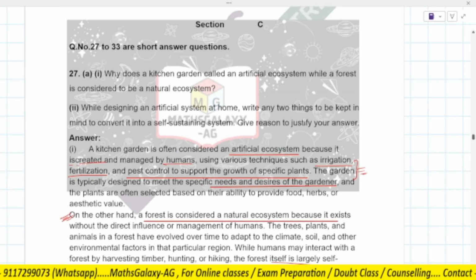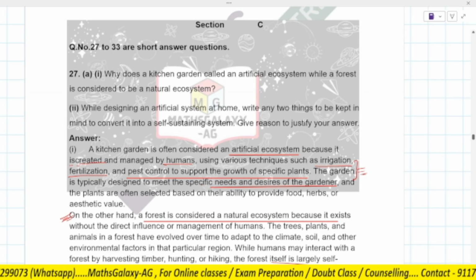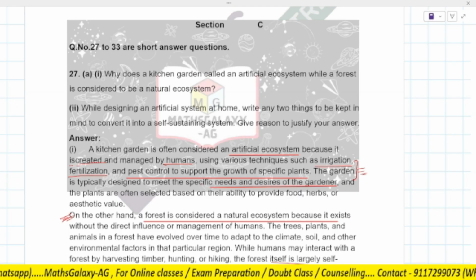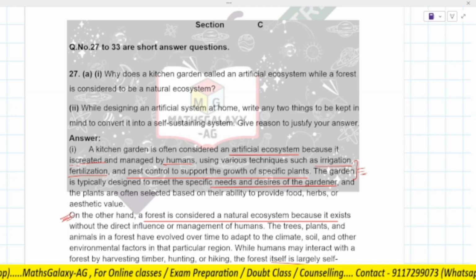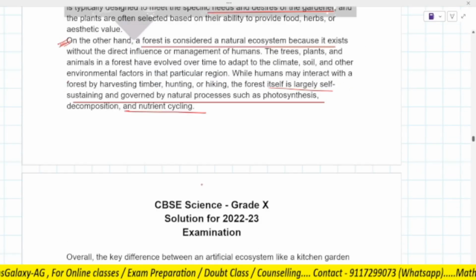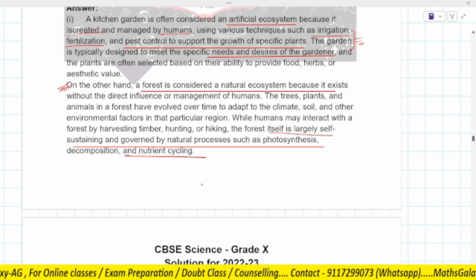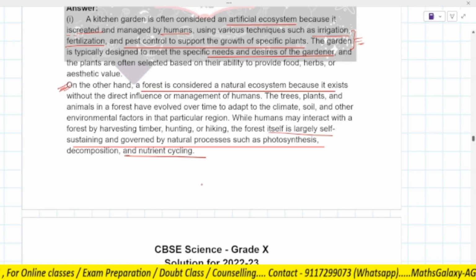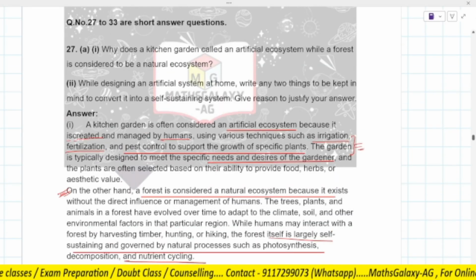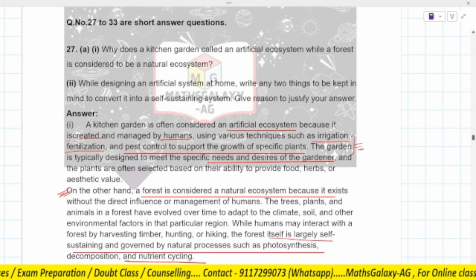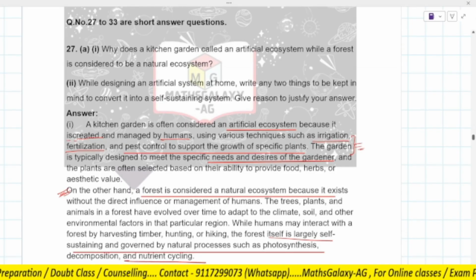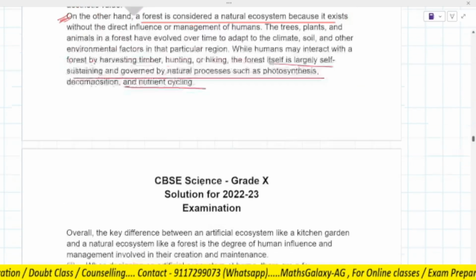Now the other one is: while designing an artificial ecosystem at home, write any two things to keep in mind to convert it into a self-sustaining system. Give reasons to justify your answer. Let's see here how we will explain it.